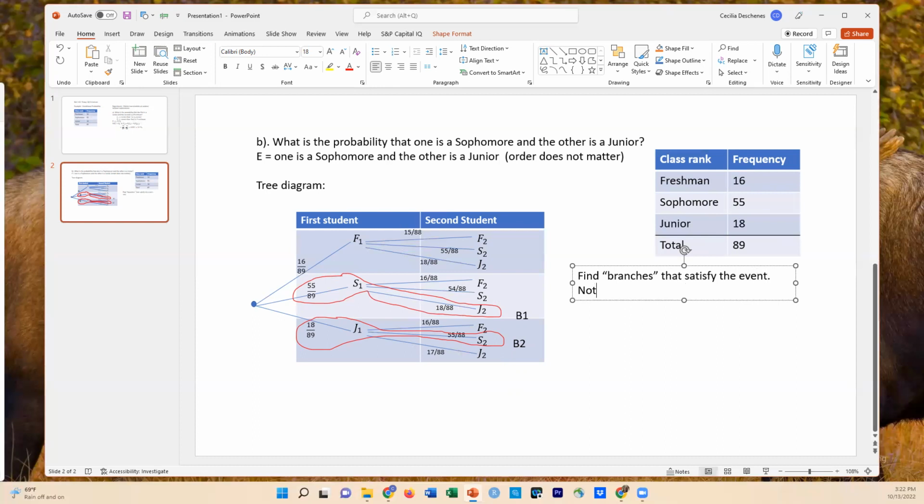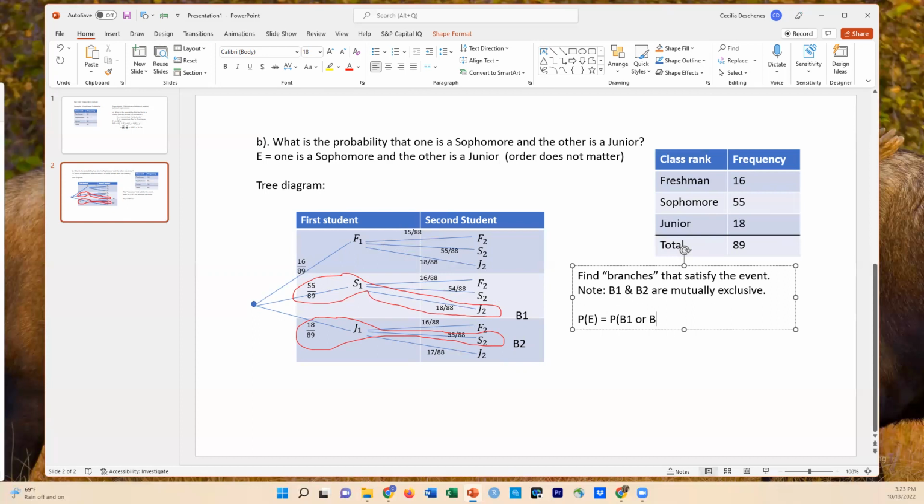Note, only one of these or the other can happen, right? So B1 and B2 are mutually exclusive. So when we look at the probability of E, this is equal to the probability of B1 or B2.